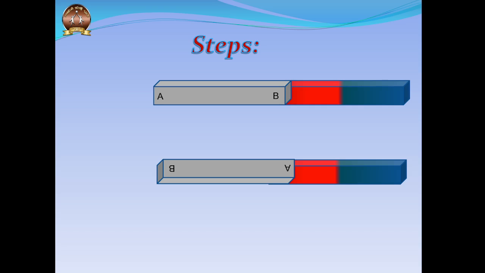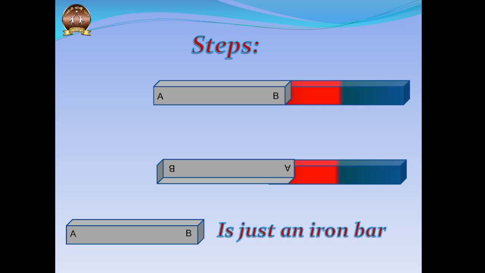What does this mean? This means that this iron bar is simply an iron bar and it is not a magnet, because if it was a magnet, it would have north and south poles, and both poles would not get attracted towards the north pole of the magnet. Only the south pole would have been attracted, and the other pole would have been repelled.